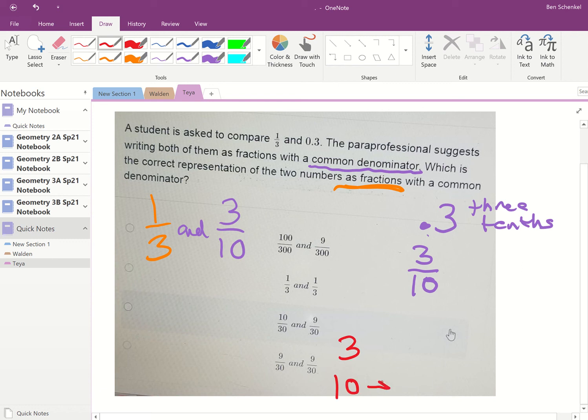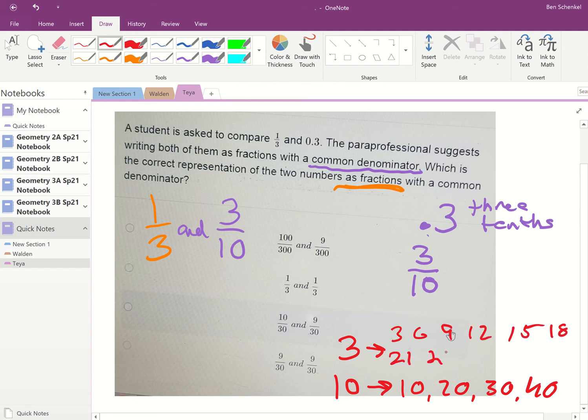We know that 10 is 10, 20, 30, 40, and so on. So it's every number that ends in 0. If we think of all the 3s, we have 3, 6, 9, 12, 15, 18, 21, 24.